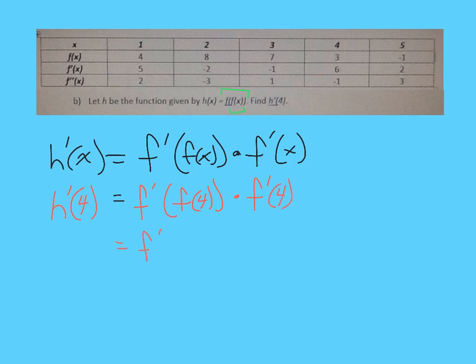So this is f prime of f of 4, and f of 4 is 3, times f prime of 4, which is 6. So that's times 6. Well, we still have to do this: f prime of 3 is negative 1. So negative 1 times 6. So h prime of 4 is actually negative 6.